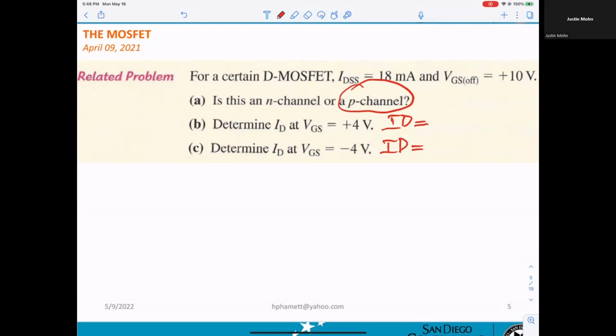B is 6.48 milliamps. And C, it's 35.28 milliamps. Anyone get the same answer? Looks good.